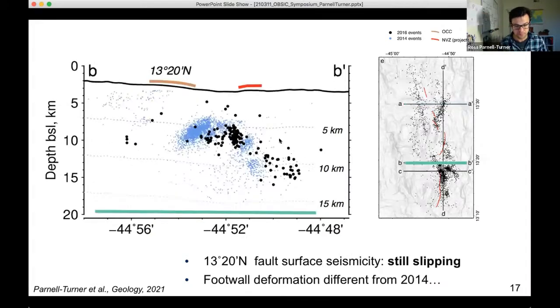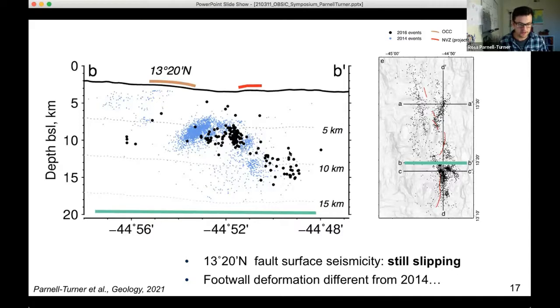If we march south to profile B prime, we're now going over the crest of the dome of the 1320 detachment. And plotted on here, the 2016 earthquake locations are in black and the 2014 events are in blue. And you can see there are some considerable differences. In the 2016 events, we still see events that you could associate with that main faulting surface over here where my mouse is.